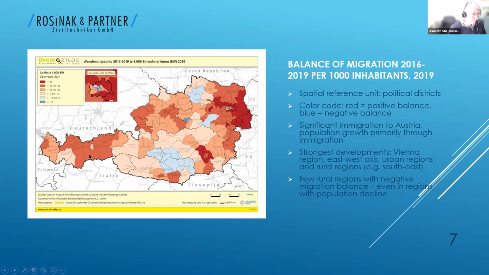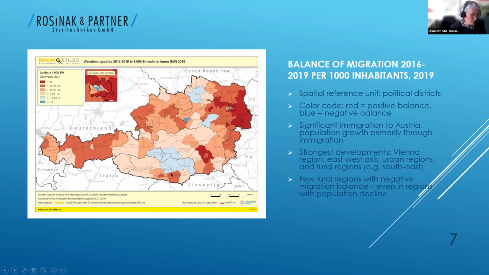from abroad. Here you see the balance of migration from 2016 to 2019 per 1,000 inhabitants. You again have the spatial reference of political districts. The color code again says red is a positive balance and blue is a negative balance. And here you see that we have very few political districts in Austria where we have a negative migration balance.